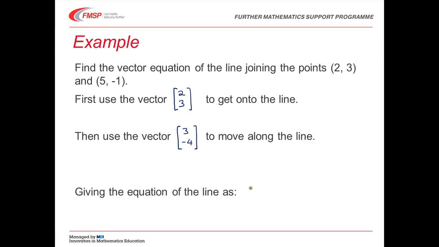So the equation of the line is: the position vector of a point on the line is (2, 3) plus some multiple of (3, -4). This Greek letter lambda just means that we can take any multiple that we like of that direction vector.